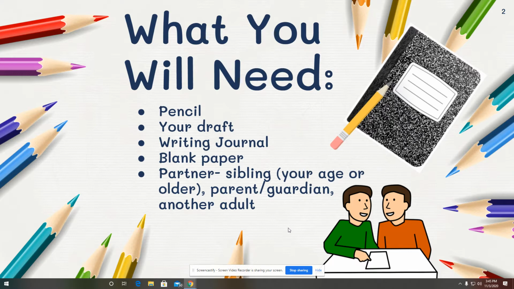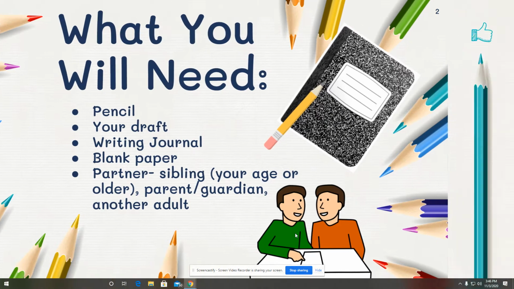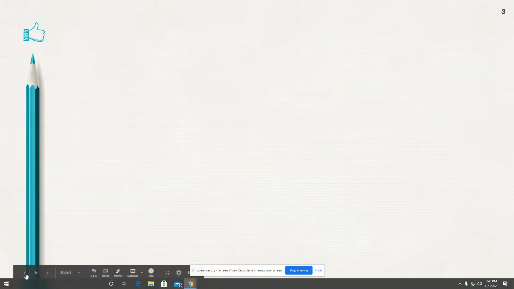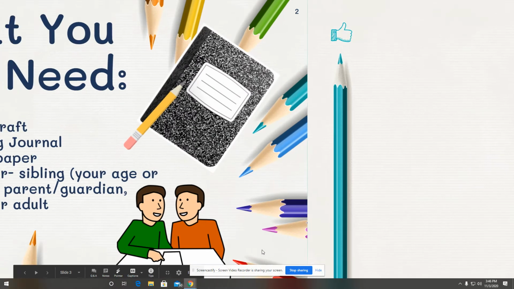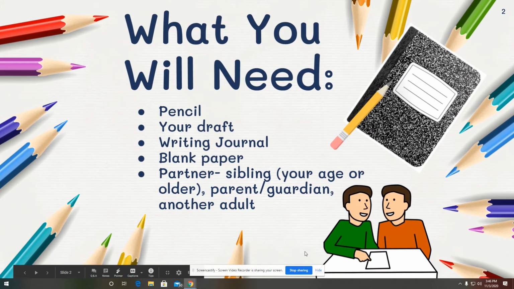Make sure you pick someone responsible because we're doing peer revising, and it would be great if they could be responsible enough to help you with that and give you good feedback. If you don't have these materials, go ahead and collect them now.